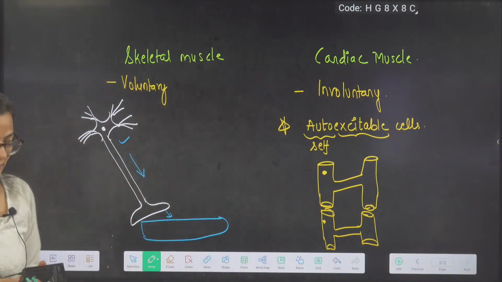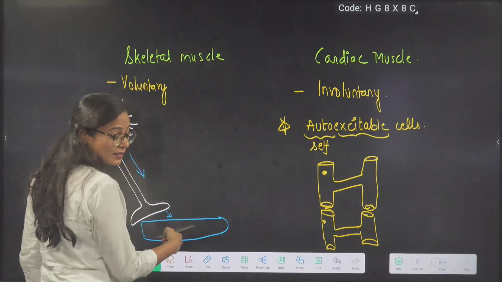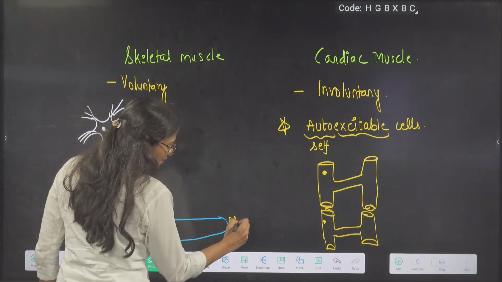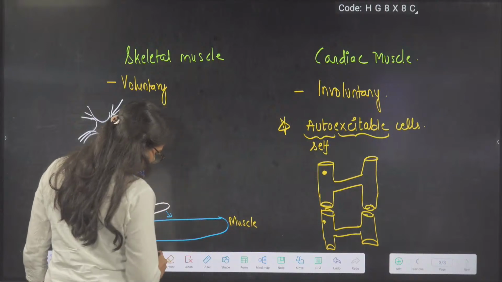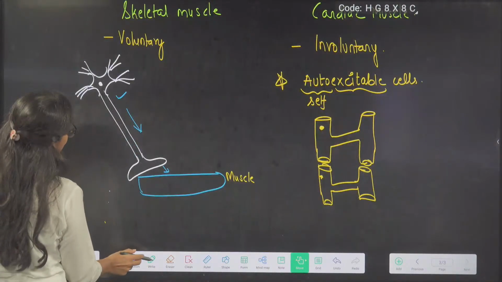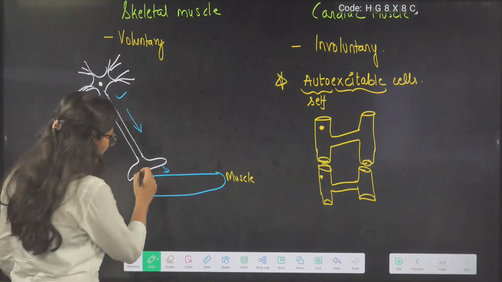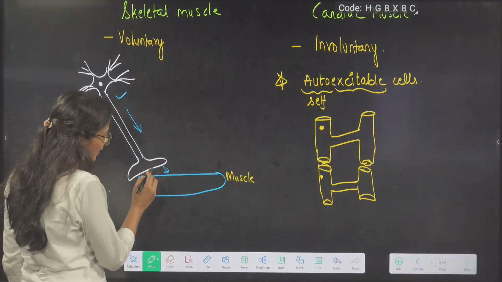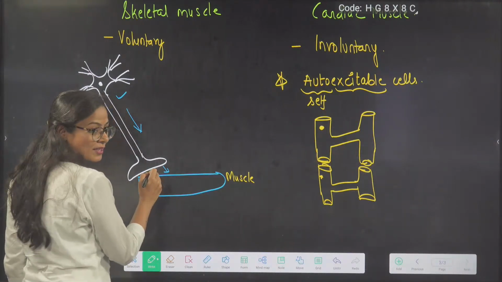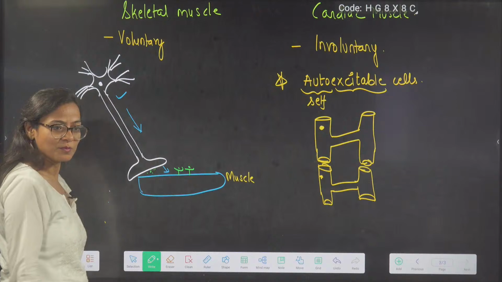And now understand this thing. When do we say that this muscle, here let's talk about skeletal, this skeletal muscle, is stimulated? Very easy. Just listen here. At this neuromuscular junction in between, the neuron is going to release some chemicals. Those chemicals will bind to the receptors of the muscle.